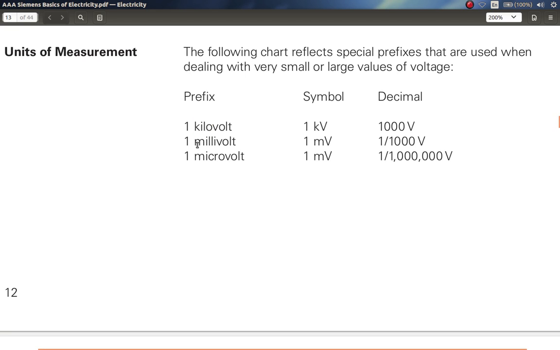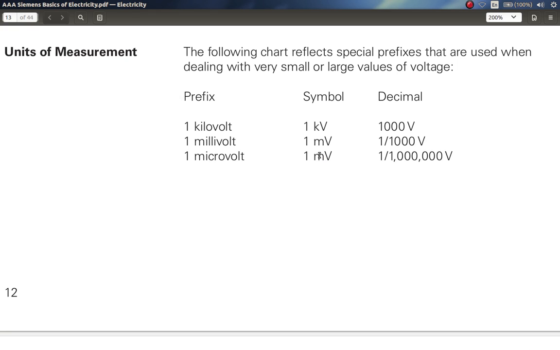The millivolt means 1,000th of a volt, just like the millimeter is 1,000th of a meter. The micro prefix, microvolt, is 1 millionth of a volt. They use MV here. That looks like an error that they made.